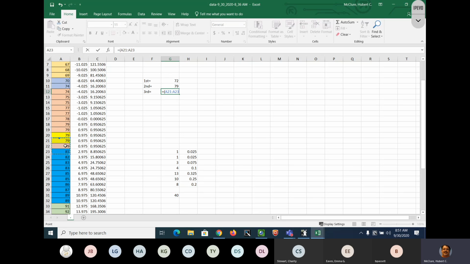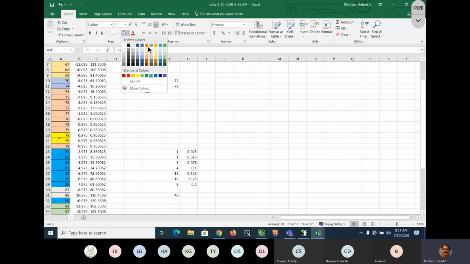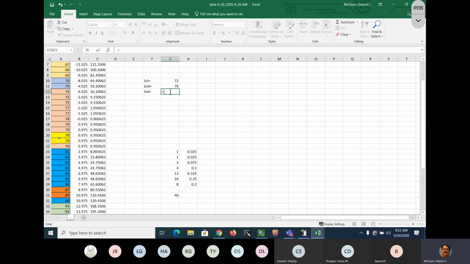I've got to go down to find 10. 1, 2, 3, 4, 5, 6, 7, 8, 9. So that's these two right here. And I'll color them another color. 87 and 89, we'll color them that ugly red color. Equals parentheses this number plus this number divided by 2.